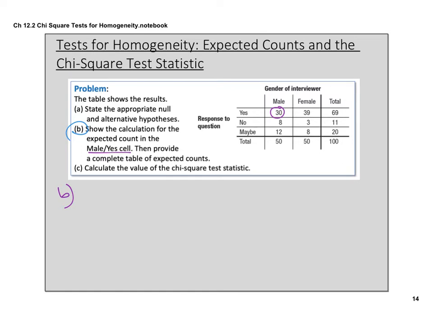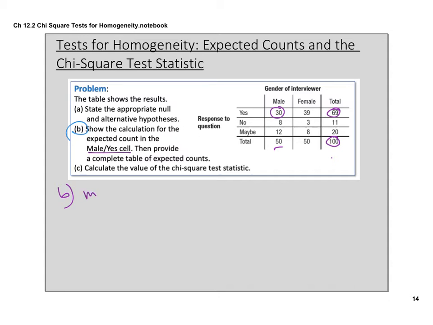Here's where we have to look at the total yeses divided by the total number of people. 69 out of 100 is 0.69. And then you take 0.69 times the 50, and you get 34.5.